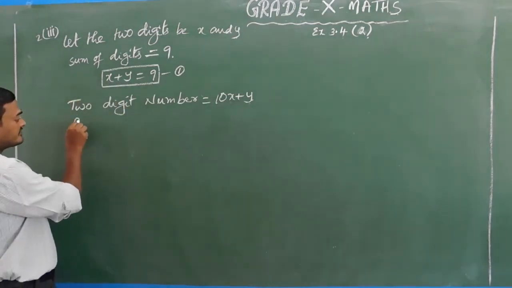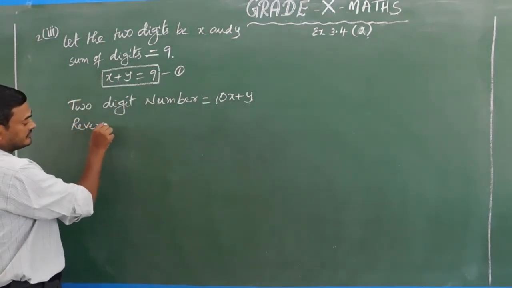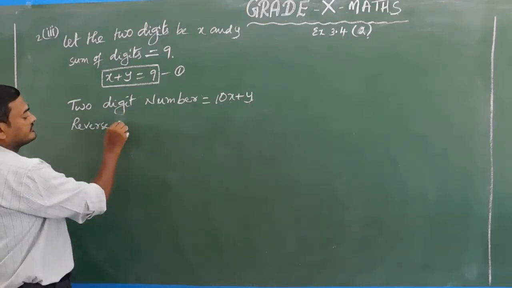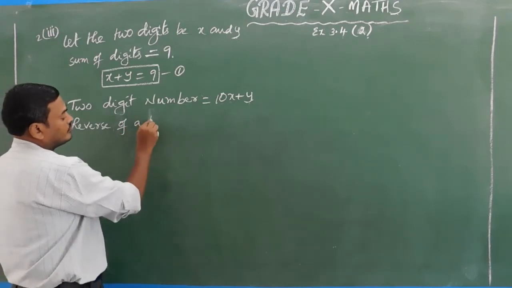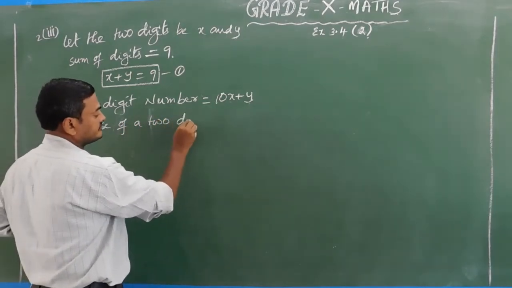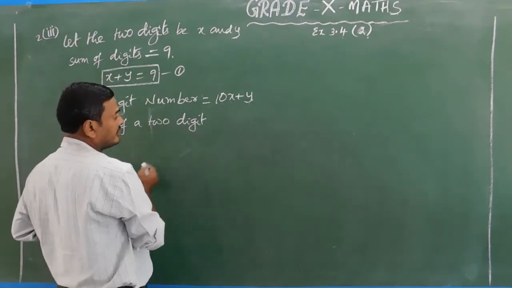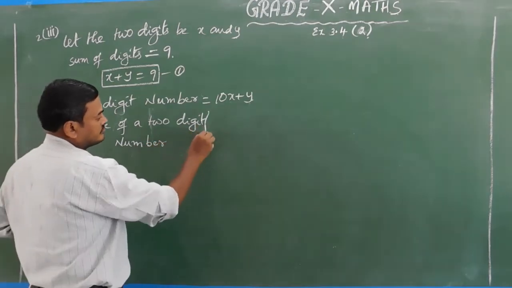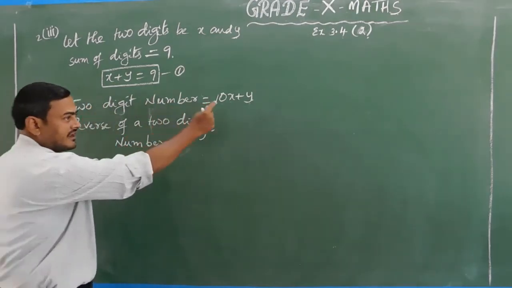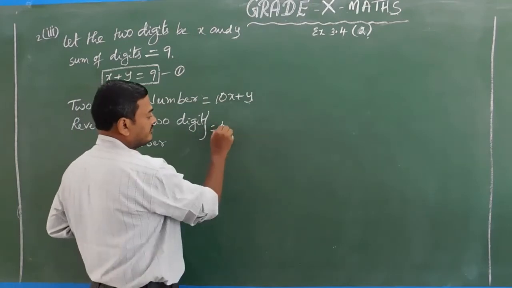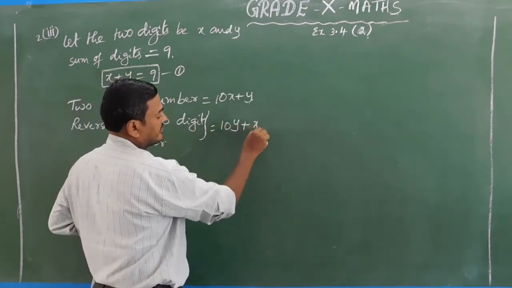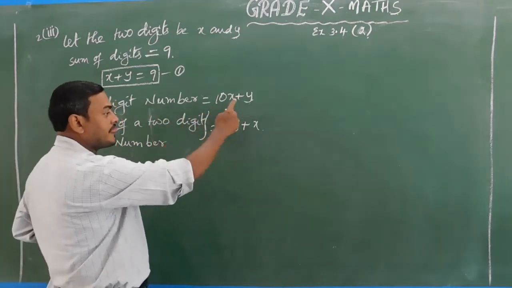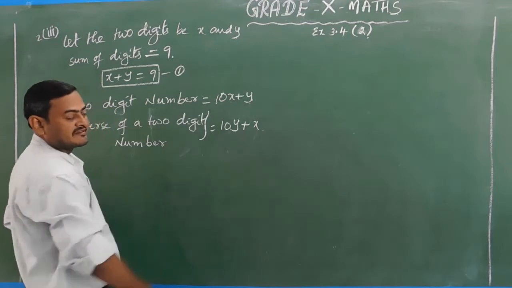Now the reverse of a two-digit number. The general two-digit number is 10x plus y, and the reverse of the number means 10y plus x.